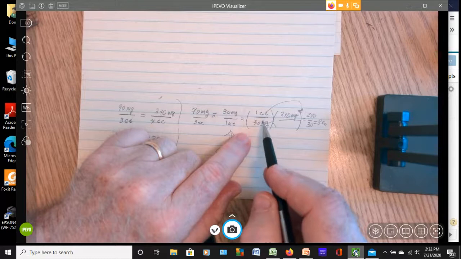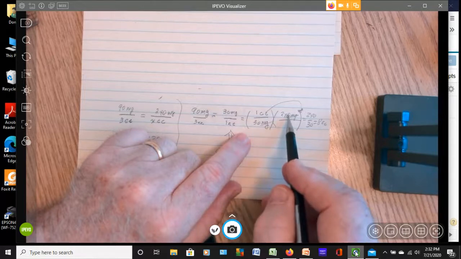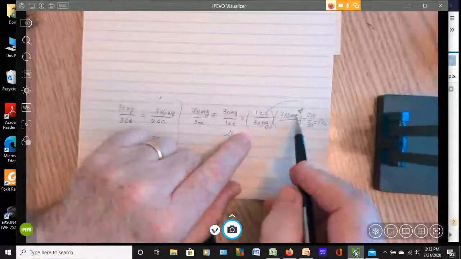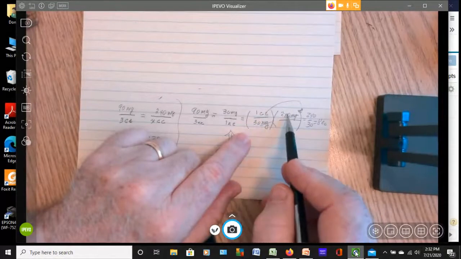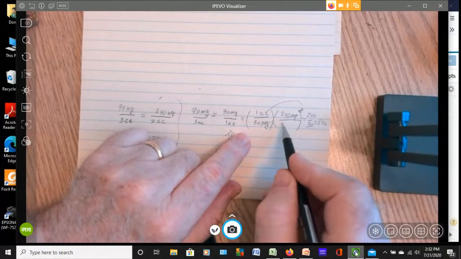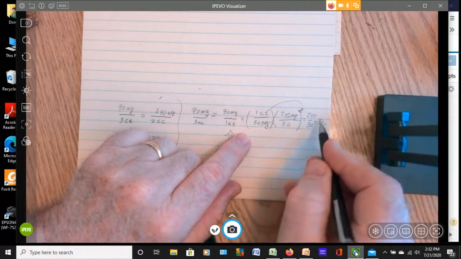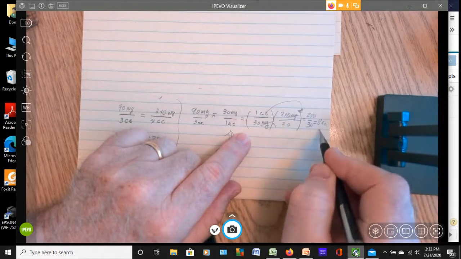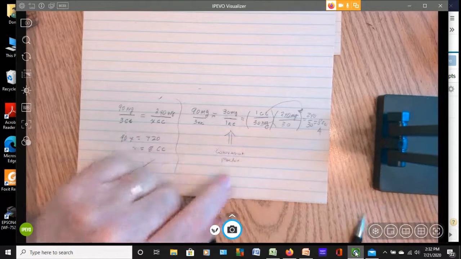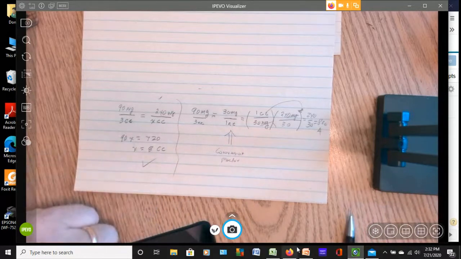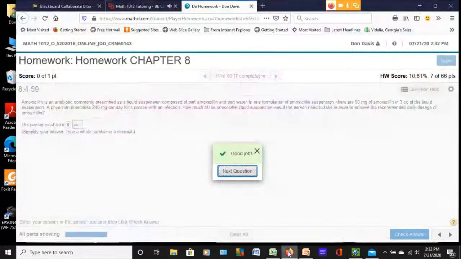I want to get back to cc's. So then I put the 240 up here with milligrams. The milligrams cancel, and this winds up being 1 times 240 divided by 30. And the unit that's left is cc's, and so I get 8 cc's. So there's about 2 or 3 different ways you can think about this problem, and I hope that one of those makes sense to you.